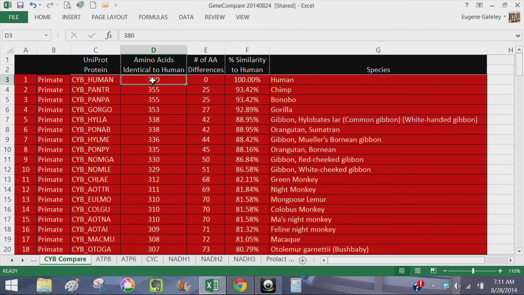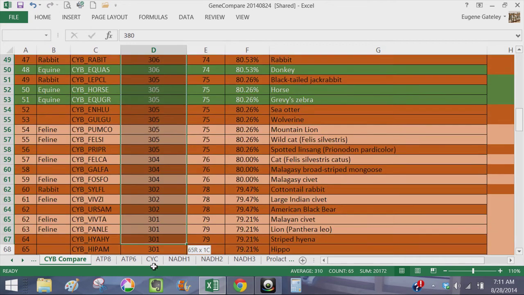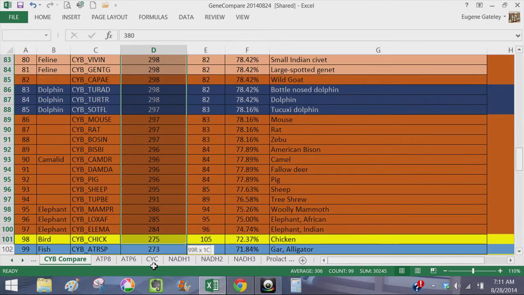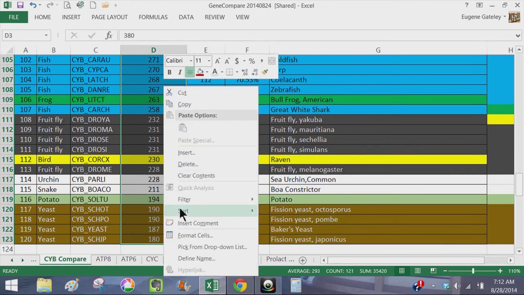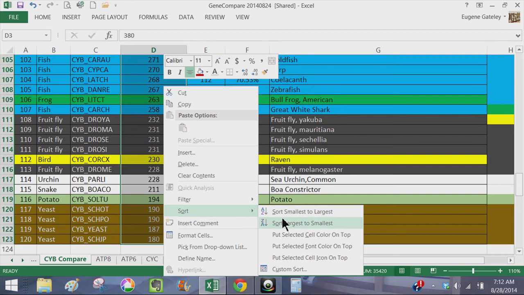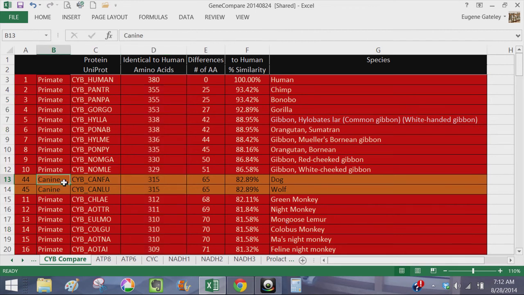So what I'm going to do right quick, like we did in the other video, is sort the similarity from greatest similarity to least similarity to human. And just like before, we're seeing the same exact thing that we saw last time, where dog in this case is more similar to human, with 315 amino acids identical to human.